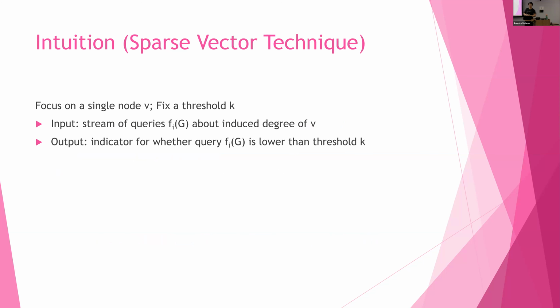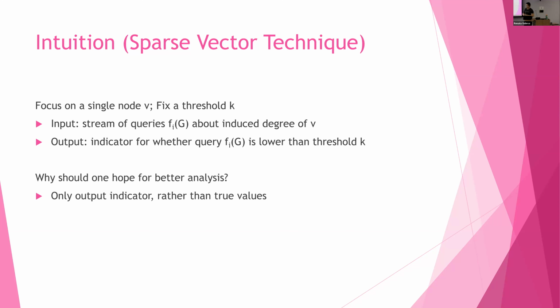And then we want to output an indicator answering whether or not this query is greater or lower than the threshold. Some nice properties about this abstract problem are, first, instead of outputting the true values of each of these queries about the induced degrees, we're only outputting the indicator variables. So we're giving less information, so we can hope that we can do better than just the naive analysis.